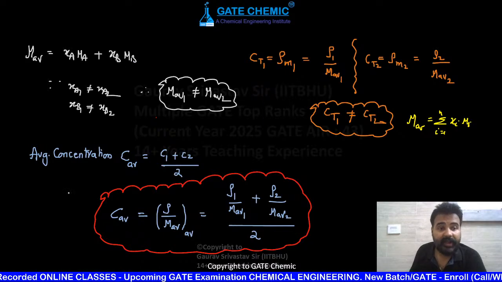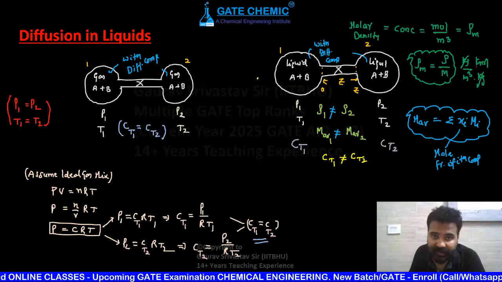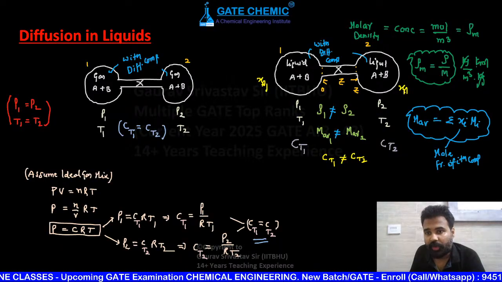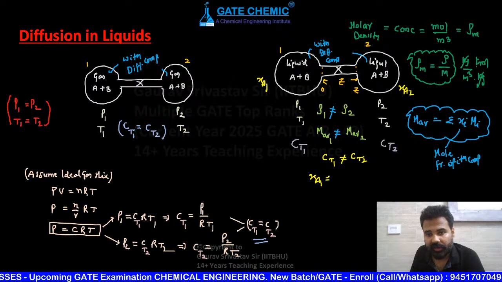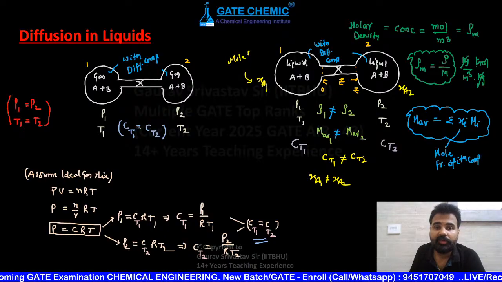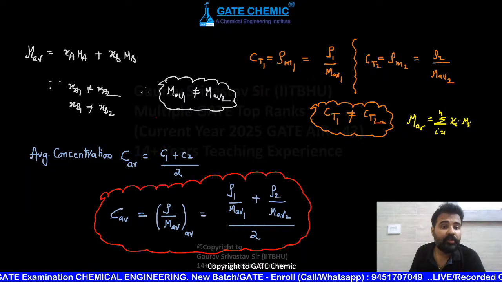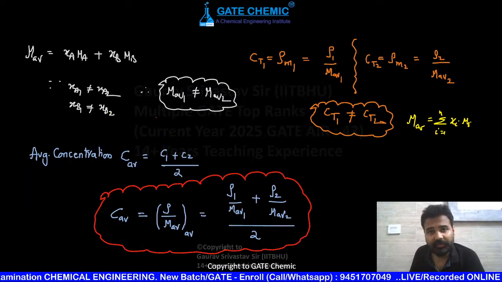As you have seen, the composition on both sides is different. So if the mole fraction of A on this side is x_A1 and on this side is x_A2, then clearly x_A1 is not equal to x_A2. This is the mole fraction. And if x_A1 is not equal to x_A2, then clearly x_B1 is also not equal to x_B2.